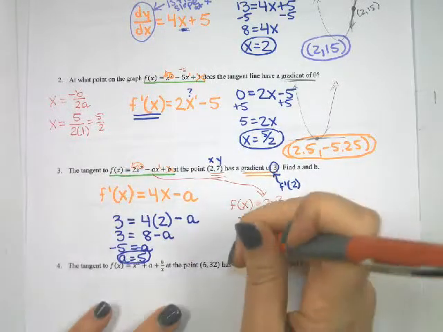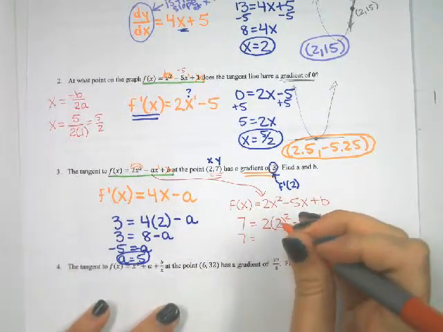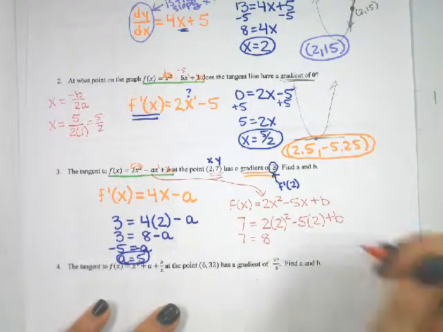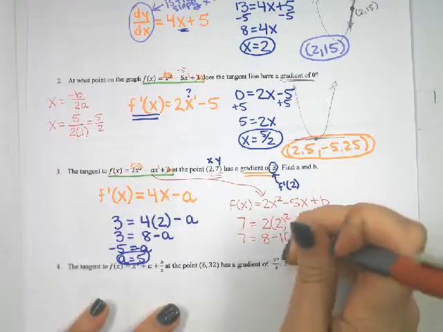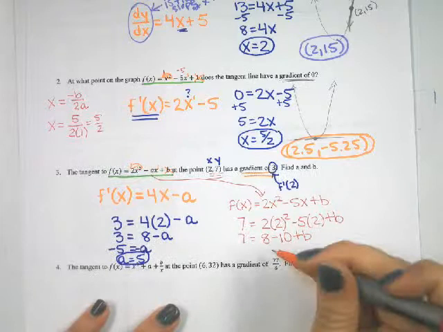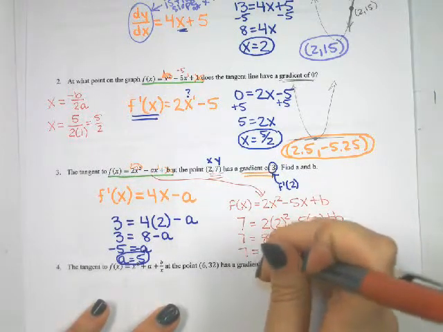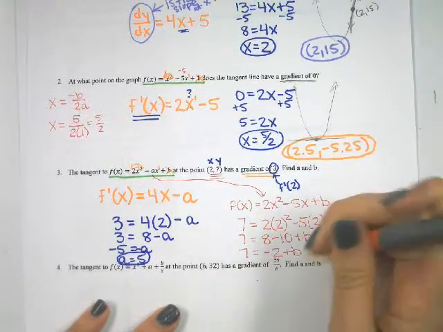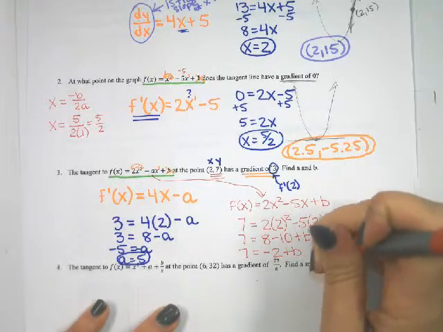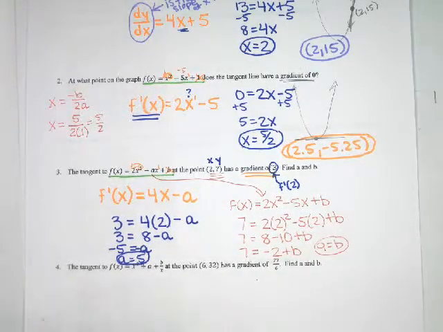And we can find b. 2 squared is 4, times 2 is 8, minus 10. So 7 equals negative 2 plus b. Add the 2. B is 9. So find a and b. We did that. We found both a and b.